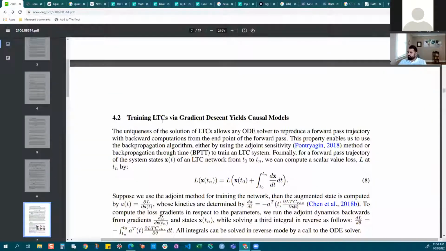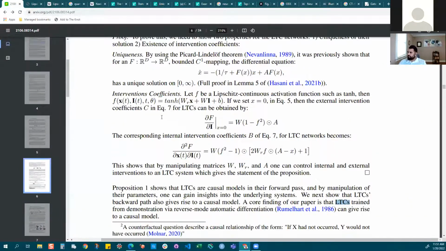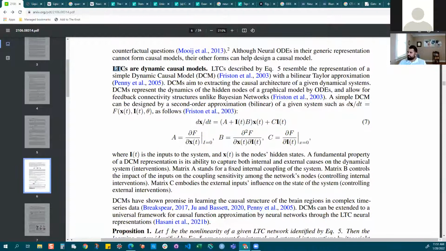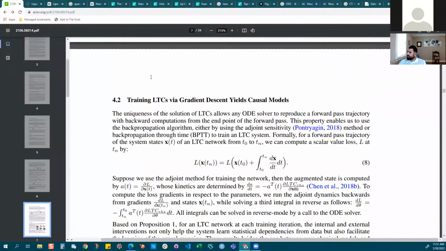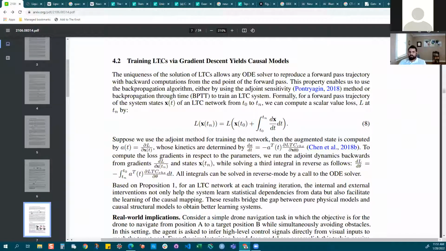So after talking about establishing causality and saying that liquid time constant neural networks are also dynamic causal models, they talk about how they train it in a neural network, and how they calculate the loss. They say they're using gradient descent that also yields causal models.